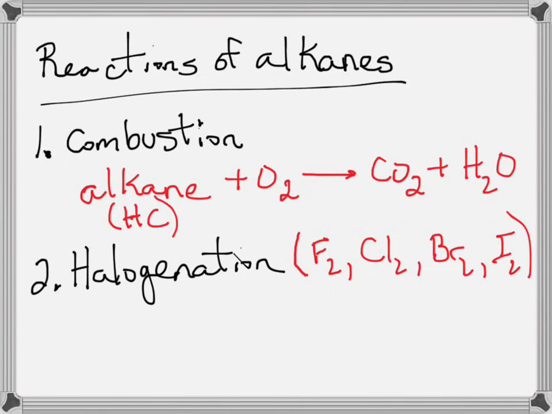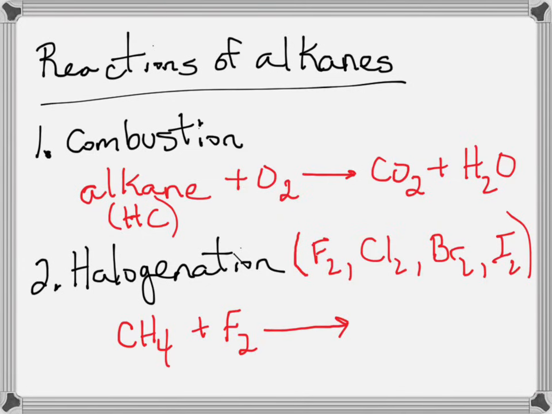So again, if I give you an example, and I'll just use something very simple just to start, but it could be any alkane. If you have an alkane like methane, CH4, so that's an alkane, and we add a halogen, and we can use any of them. I'll just use fluorine as an example. This reacts, if you give it a little bit of heat, and one of the fluorines will switch spots with one of the hydrogens on methane.